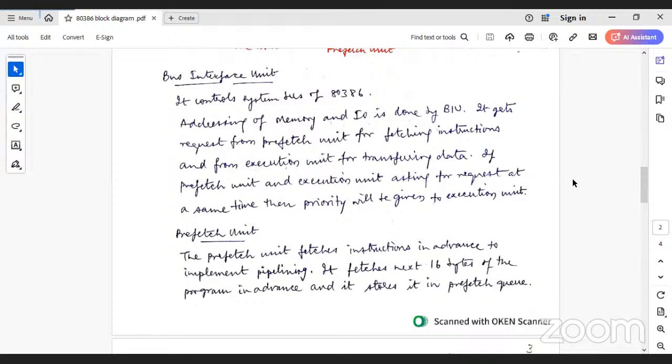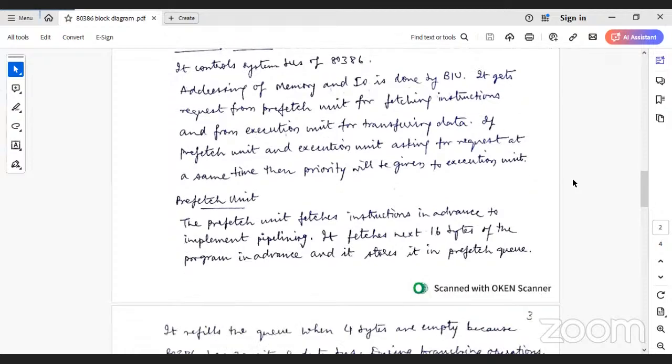So it fetches the next 16 bytes. In the earlier 286 processor, your instruction queue was 6 bytes. Here it is 16 bytes of program. It is prefetching in advance and it stores in the prefetch queue.